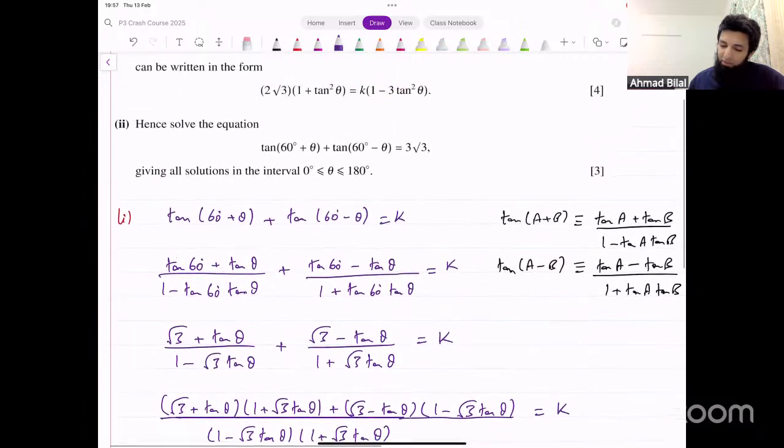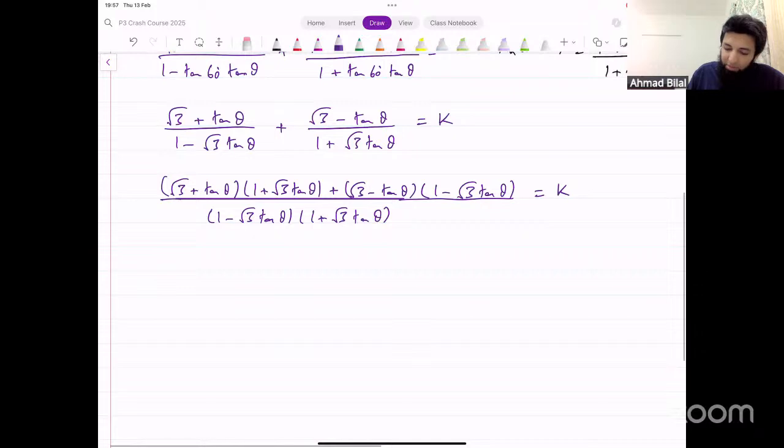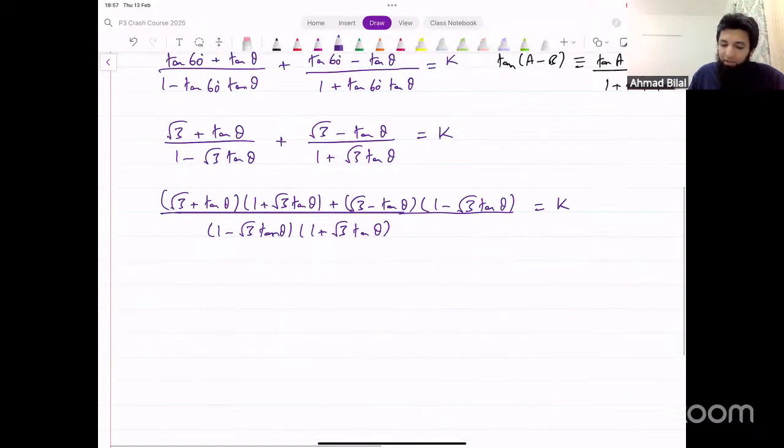That's what we want. Okay, let's simplify this now, the numerator and the denominator. In the numerator, square root 3 times 1 gives square root 3, plus square root 3 times square root 3. That's 3, since 3 to the power 1/2 times 3 to the power 1/2 is 3 to the power 1. So that becomes 3 tan theta, plus tan theta times 1, that's tan theta, plus tan theta times square root 3 tan theta, that is square root 3 tan square theta.